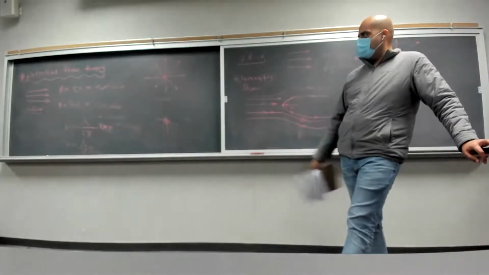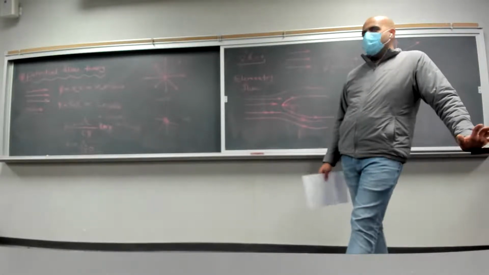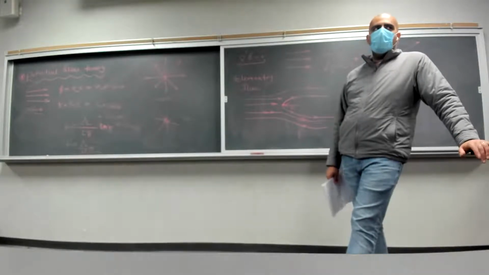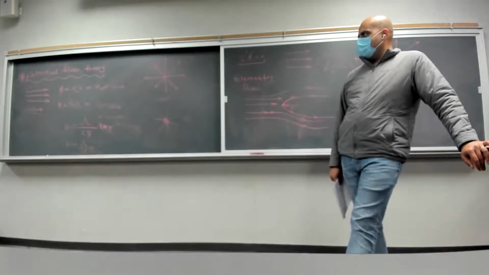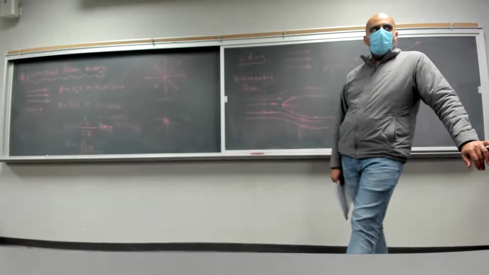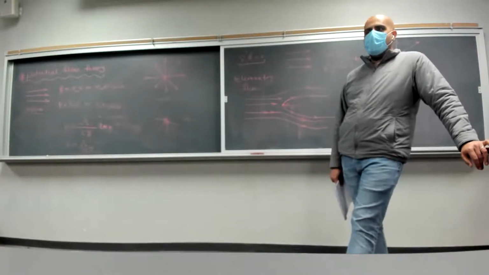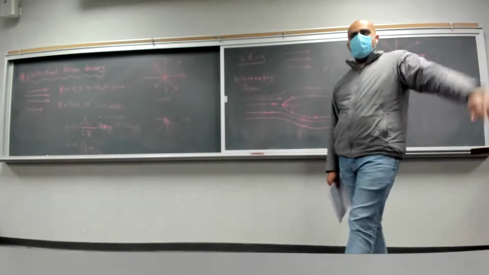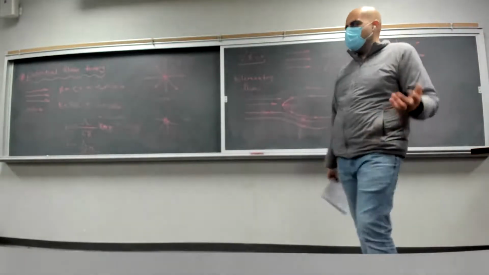So your VR is going to be equal to lambda times the derivative of natural log of R with respect to R, which is 1 over R. So your VR is going to be lambda divided by 2 pi R. What does it mean? Your velocity is going to become smaller and smaller as you go further and further away from your source, so there will be a decay in your source strength, your source velocity.